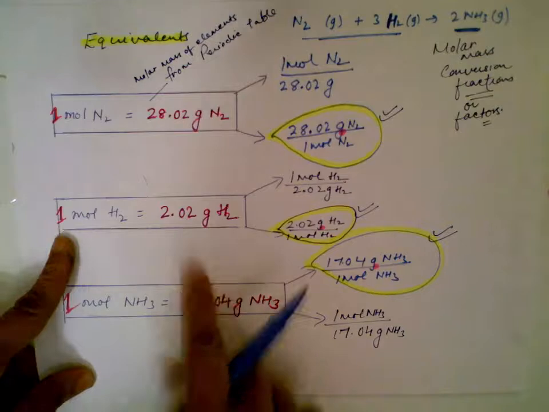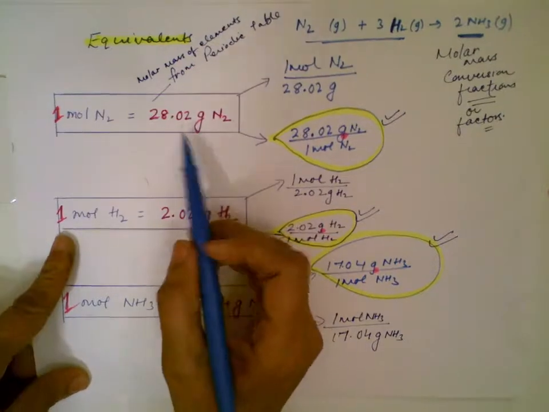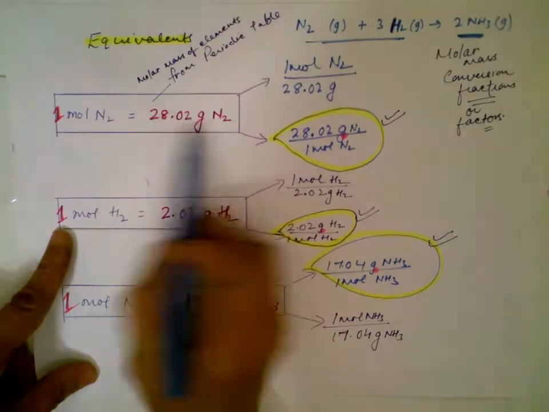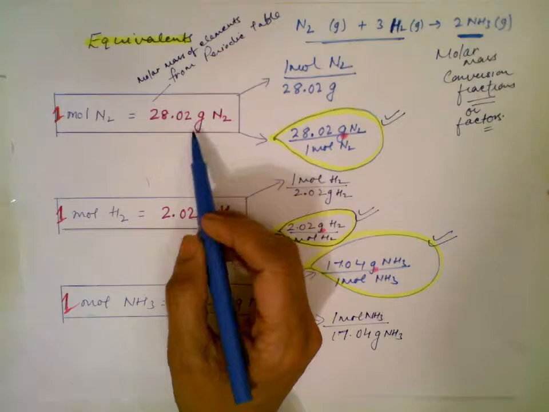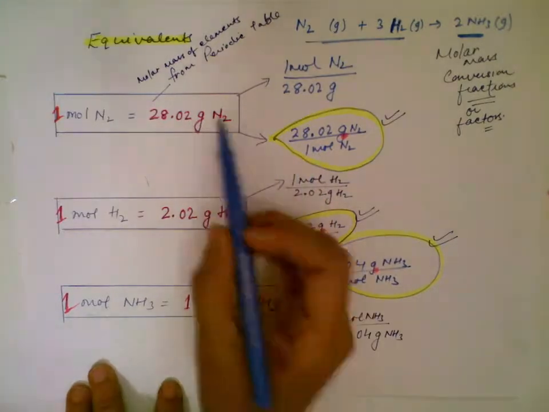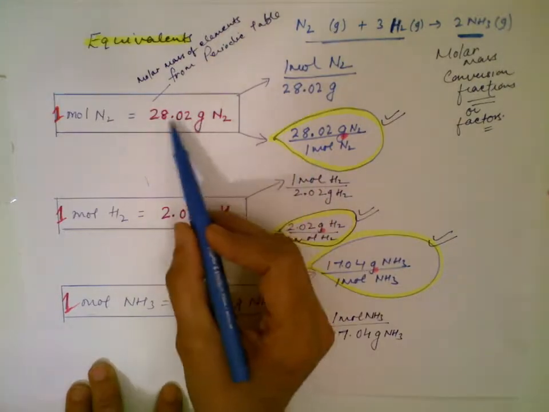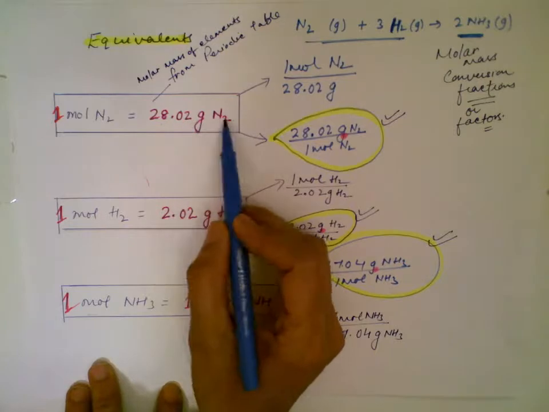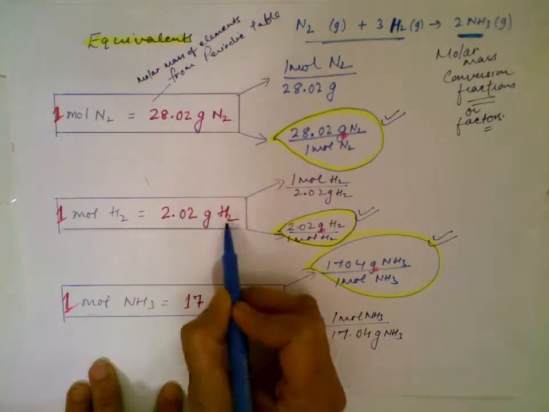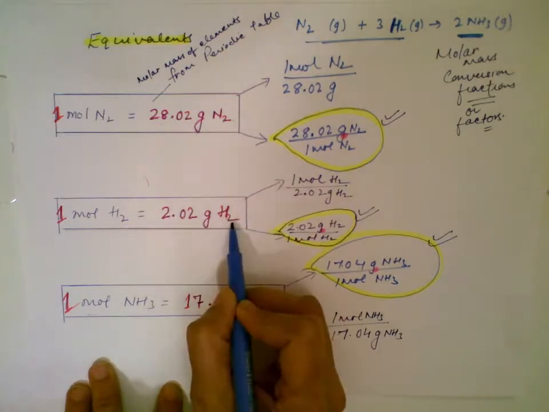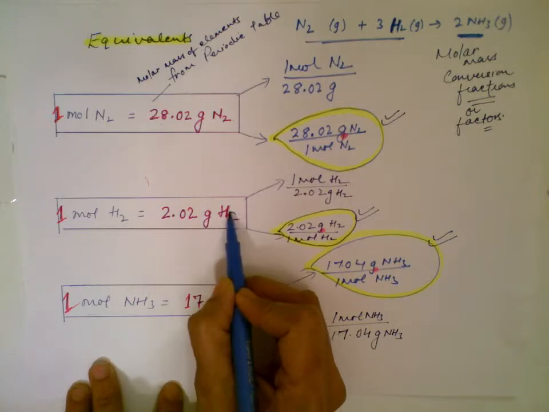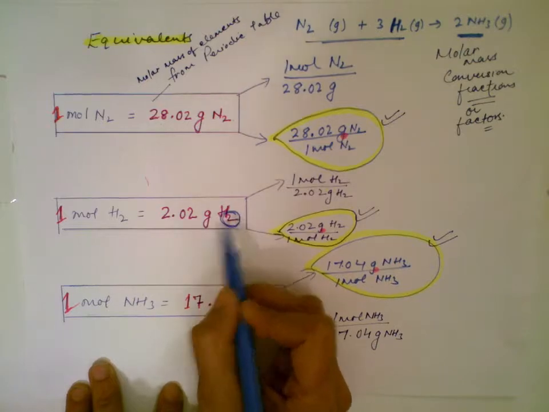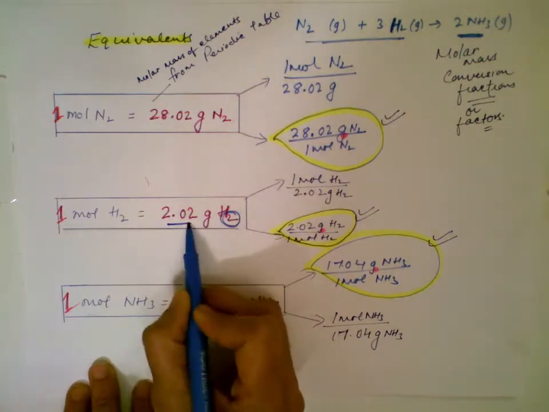What I have done is I have used the periodic table. I looked at the mass of nitrogen atom, which is 14.01, but it's a molecule, so I did 14.01 times 2 and got 28.02 for the mass of N2. For the mass of hydrogen, it is 1.01, but since it is H2, I multiplied that by 2, and that is how you got 2.02.